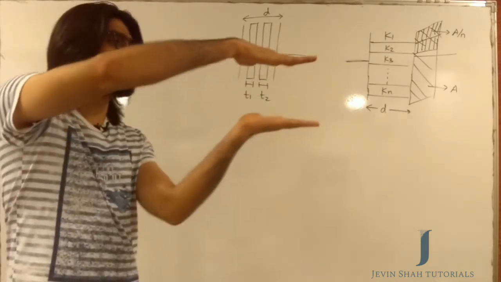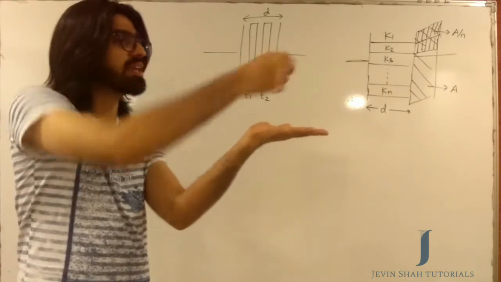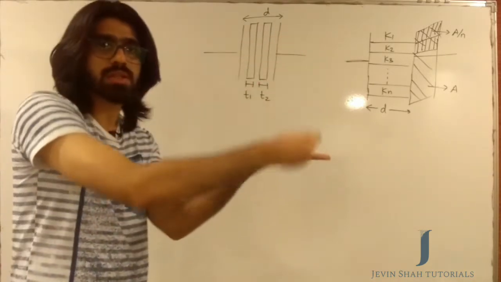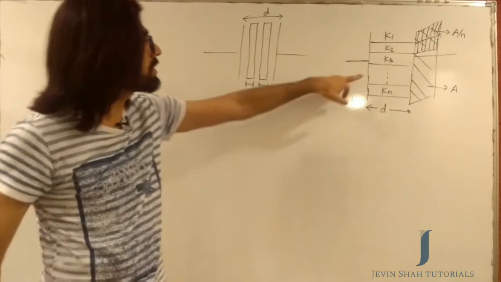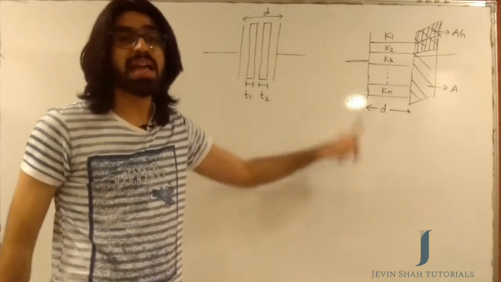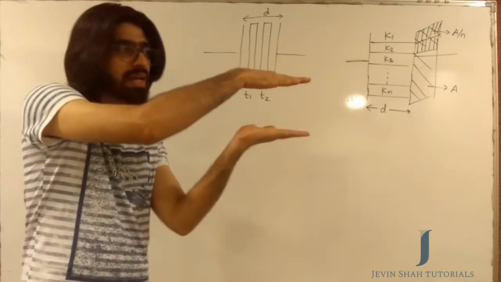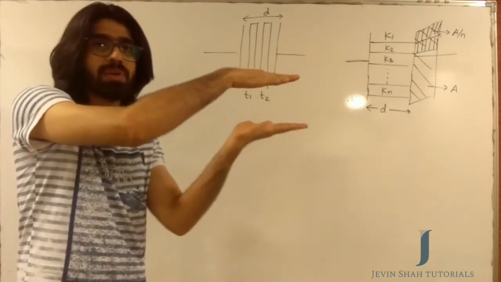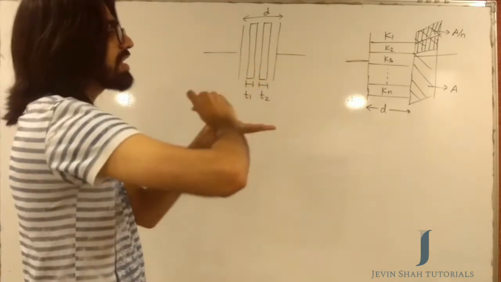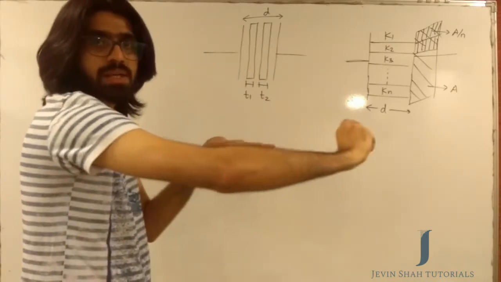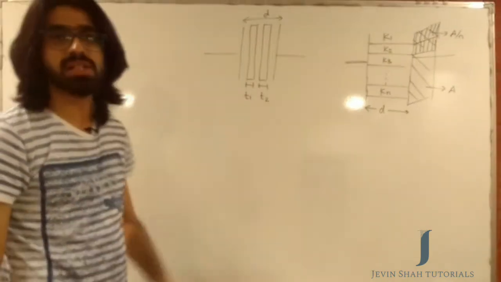The capacitor plates might be this, and if they give you dielectrics arranged like this, you need to realize it is this case that they are talking about, and you need to add up the capacitances. But if the dielectric plates are these, and the capacitor plates are these, and the dielectrics have been arranged parallel to the plates, then you need to use the formula I will be discussing now.